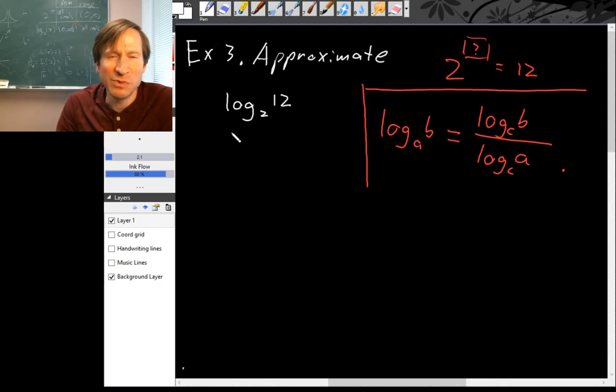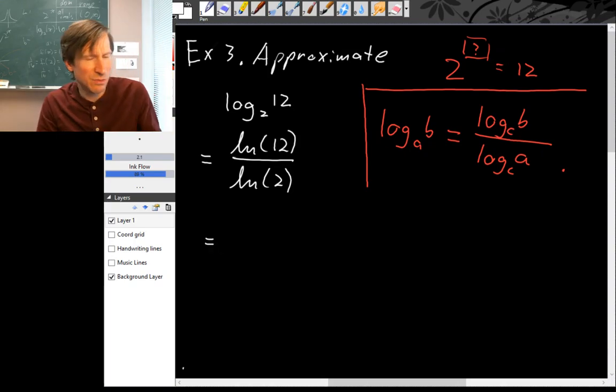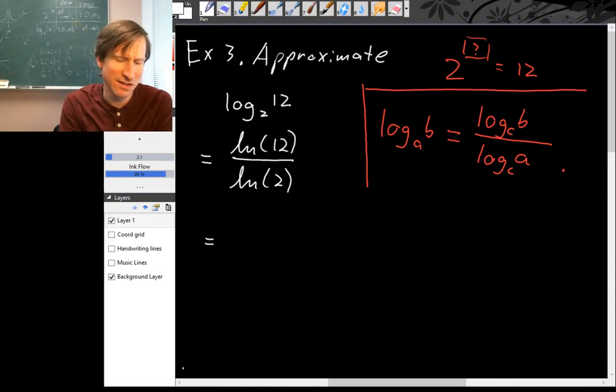All right, so we said we wanted to switch to a base that we have a button for on the calculator, so let's use natural log, I guess. So that's log base e. The change of base formula says we get natural log of 12 divided by natural log of the old base, which is 2. So I'll punch these into my calculator. So natural log of 12, that's about 2.485.